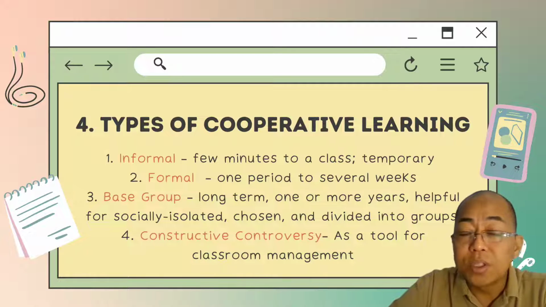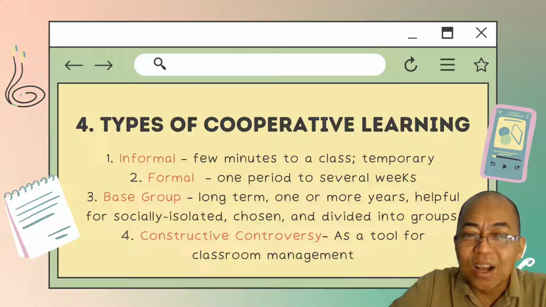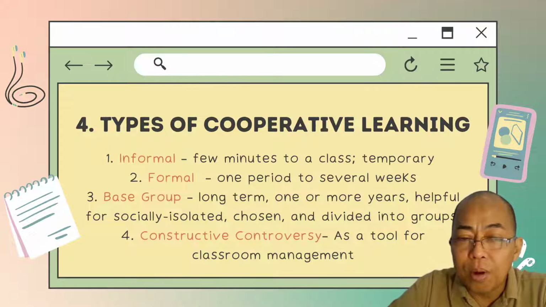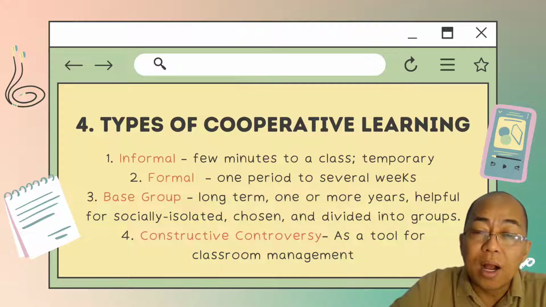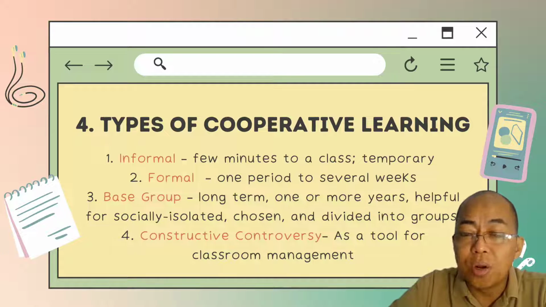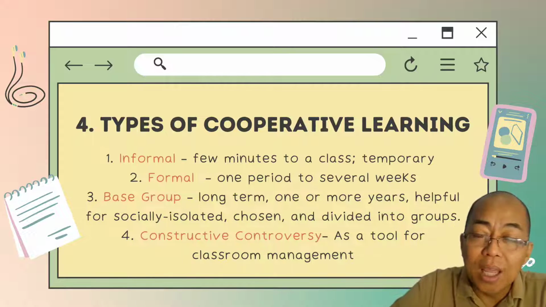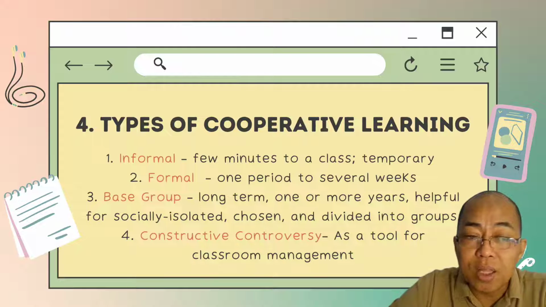And finally, constructive controversy. Constructive controversy is similar to informal cooperative learning, but unlike informal cooperative learning, constructive controversy is organized only whenever there are controversial issues, or issues that need to be resolved. So that's the only time that you organize constructive controversy.